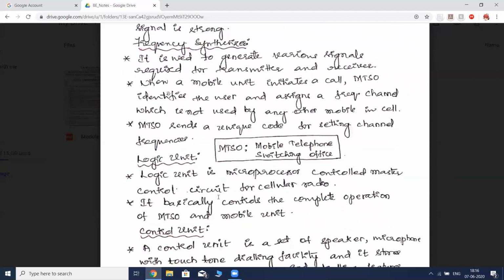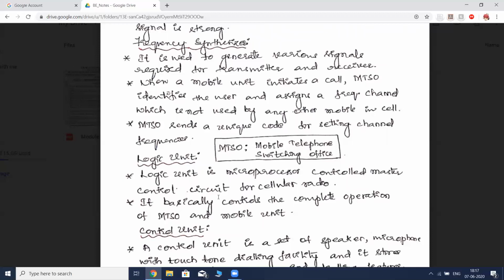Then we have a frequency synthesizer. This frequency synthesizer is used to generate various signals, and these signals are used by the transmitter as well as the receiver. When the mobile unit initiates a call, that is, when you want to make a call, the MTSO is going to identify the user and assign a frequency channel.